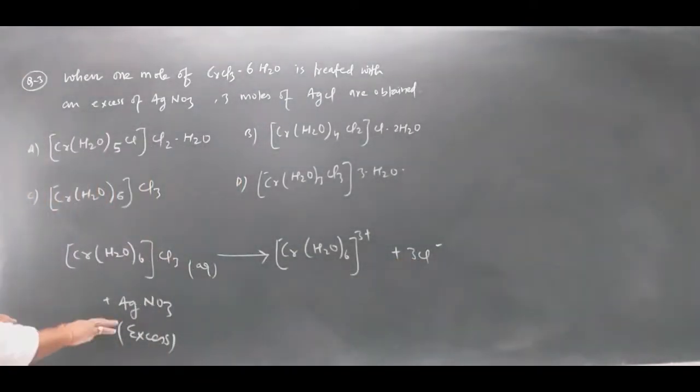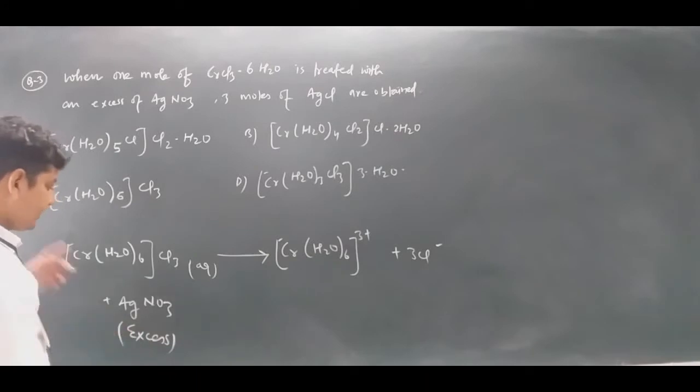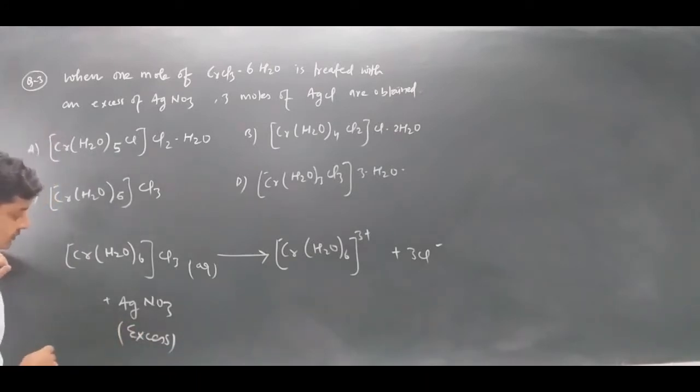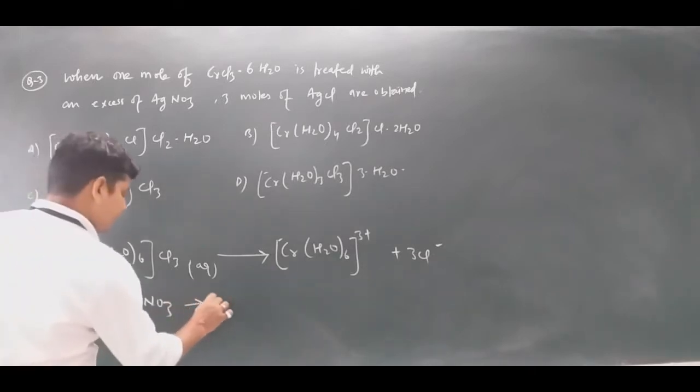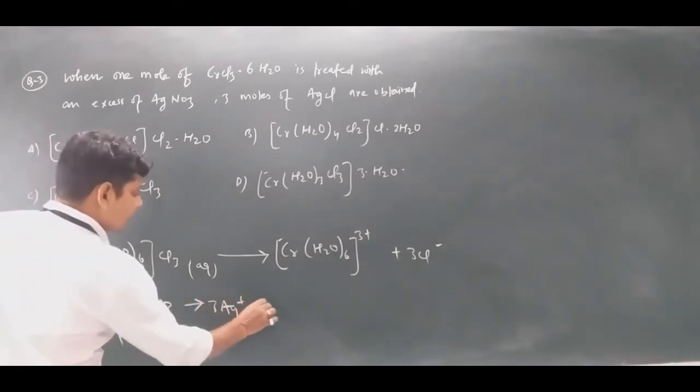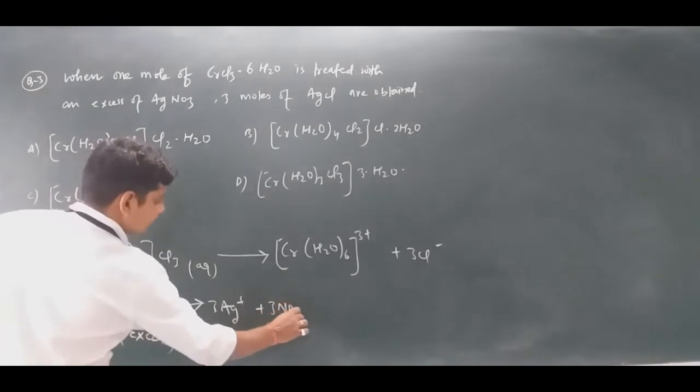Excess means more than 3, 4, 5, 6 moles are there. Excess mole means a lot of moles are here. But out of this excess, only 3 moles of AgNO3 will give 3Ag plus and 3NO3 minus.